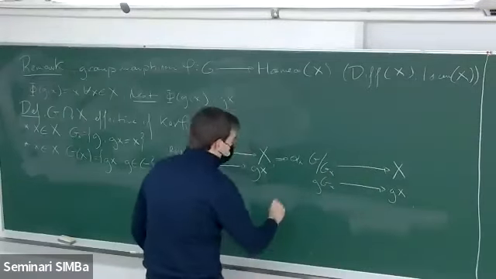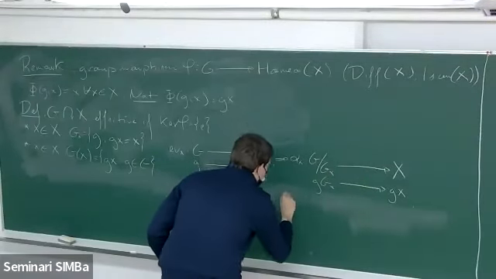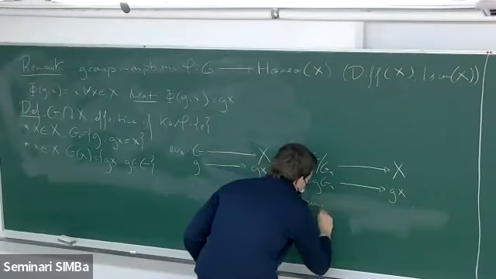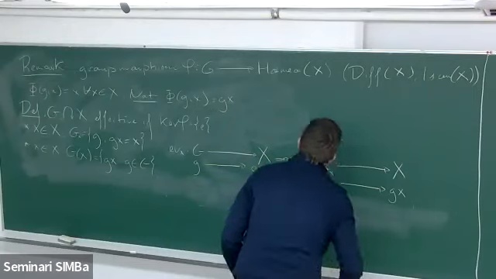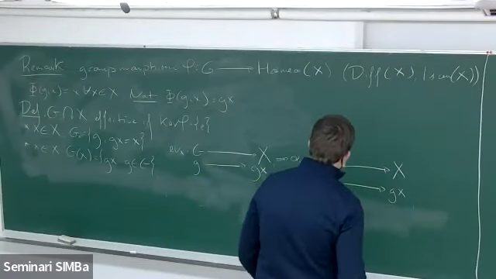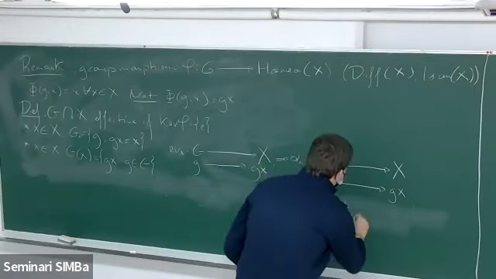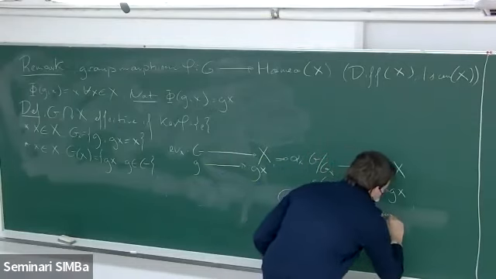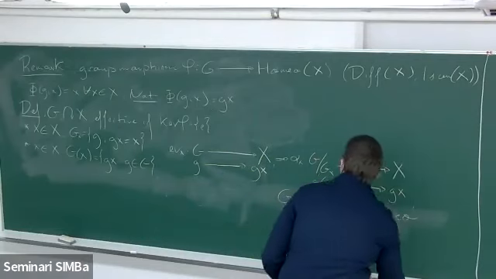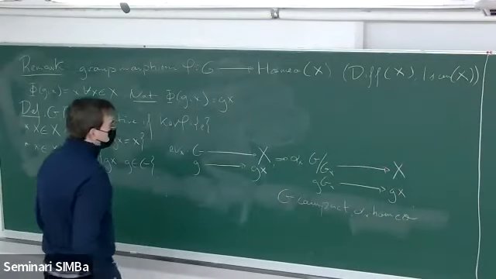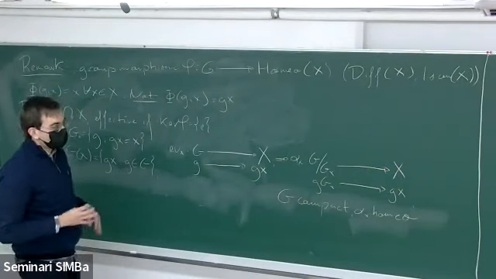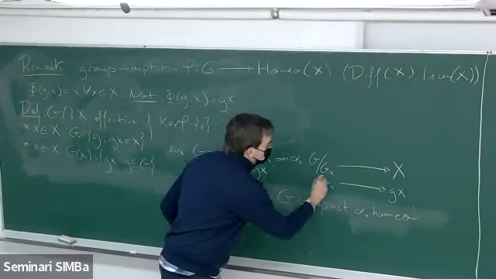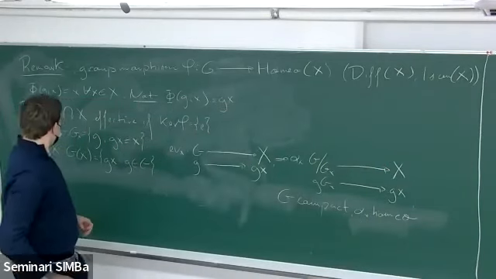And the thing is, if G is compact, which will always be the case for us, then this map is a homeomorphism. So we know already how each orbit looks. It would be something like this type of coset space.